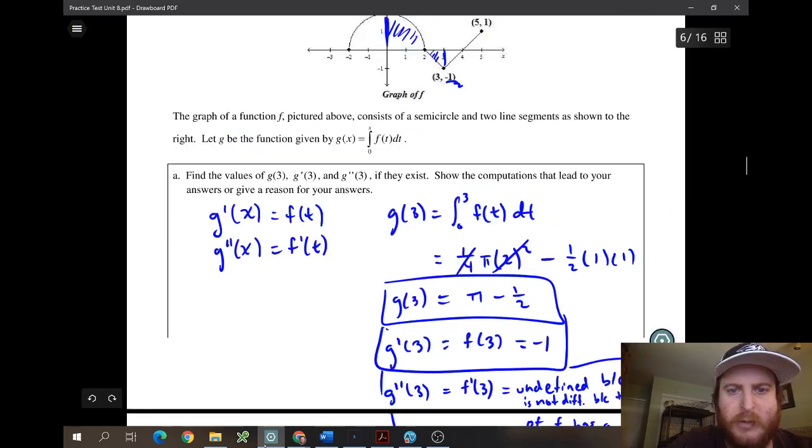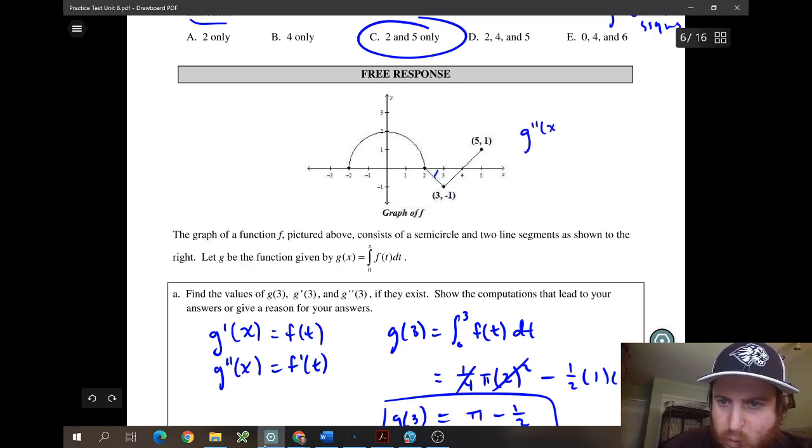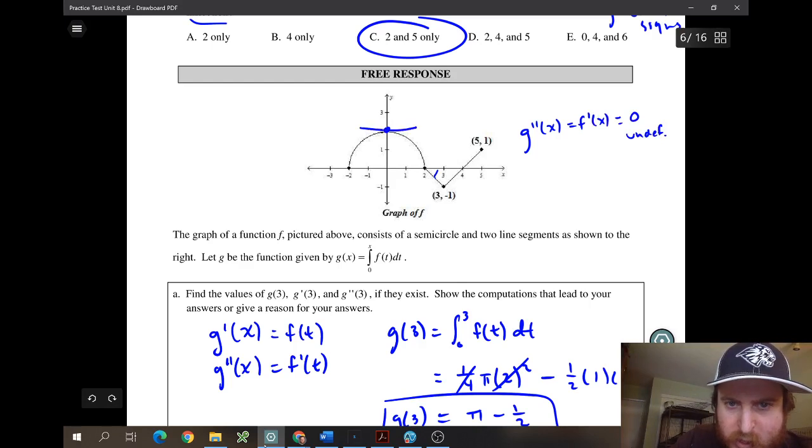Those are our possible points of inflection. Well, f prime of x is 0 whenever we have a horizontal tangent, and undefined whenever we have a kink or a corner.